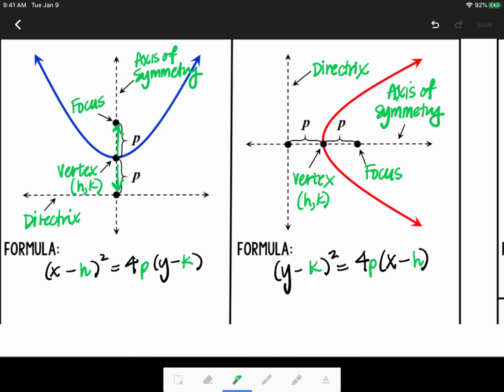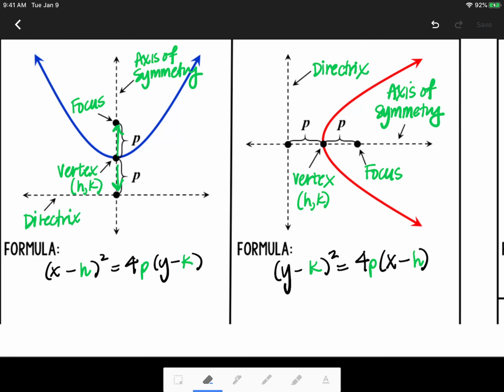And P is still that ratio or that distance from the vertex to both the focus and the directrix. So 2 units this way, 2 units this way. If P was 1, it would mean 1 unit this way, 1 unit this way. If P was 15, gosh, we would never graph that, but it would be 15 units this way, 15 units this way.